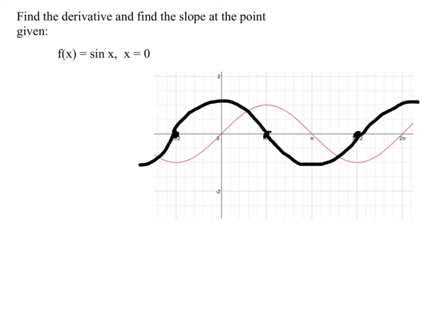Over here, it's negative. Hopefully that looks familiar. The derivative is cosine. So if you plug 0 into cosine, you get a slope of 1.